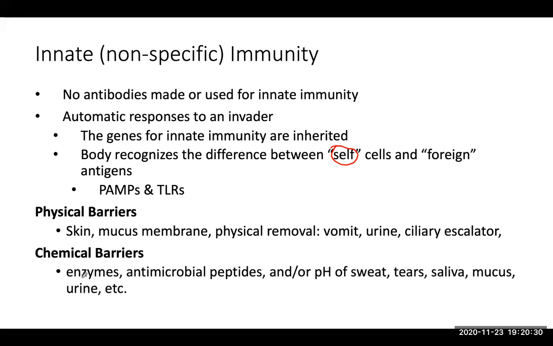Chemical barriers, the enzymes. We make enzymes that lyse open bacteria. We also have other antimicrobial peptides that can harm bacteria. And then we can also use pH. For example, our stomach acid is highly acidic. It's going to kill most any microbes that you consume. We also have enzymes in our tears, in our sweat, our saliva, and our mucus.